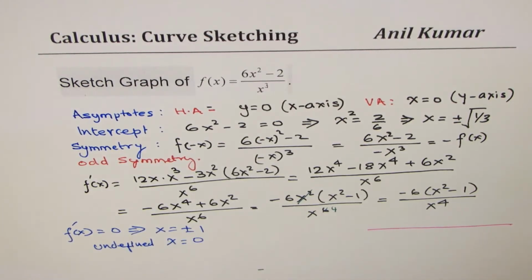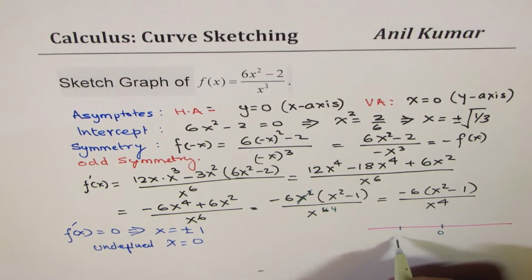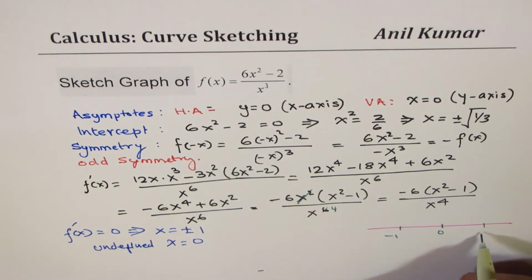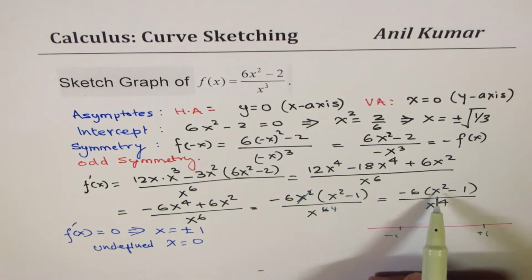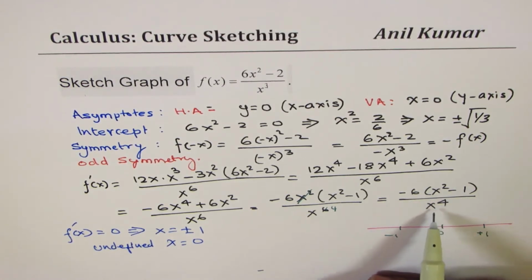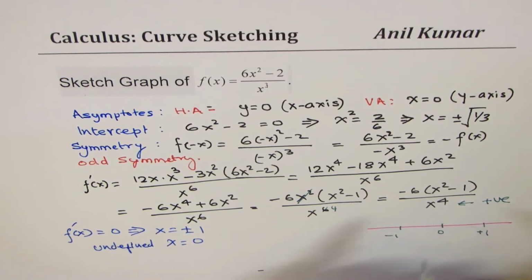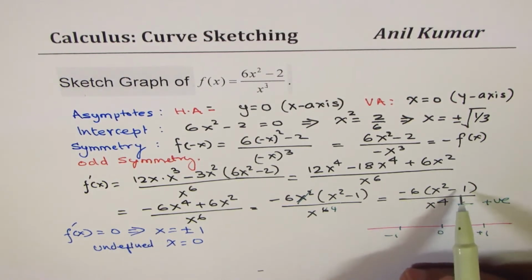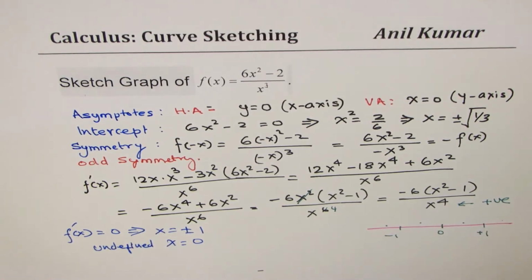So we can analyze on either side of these numbers. Taking them into account, we have 0 here, −1 and +1. The function is −6(x² − 1). Now remember, the denominator is always positive, so this is always positive. So we'll test the numerator now for the values in these intervals.